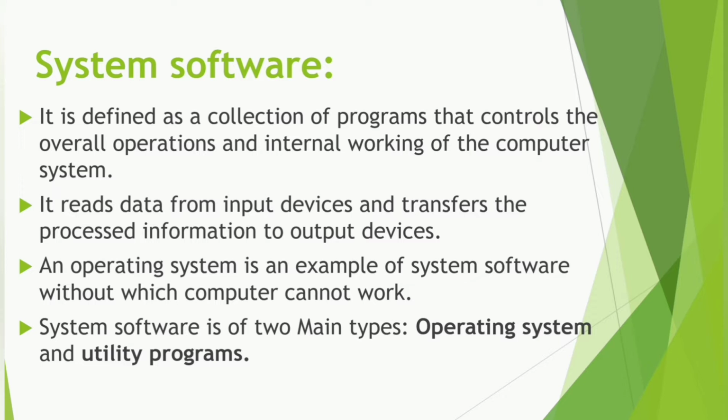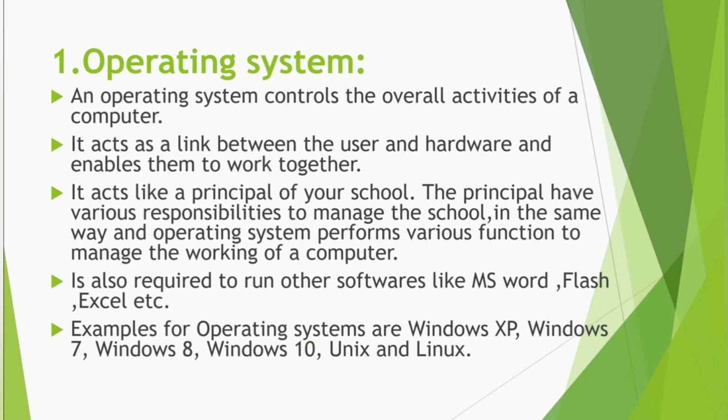An operating system is an example of system software without which the computer cannot work. The first software we install on any computer is known as the operating system. All other software will work according to the operating system. System software is of two main types, operating system and utility programs.